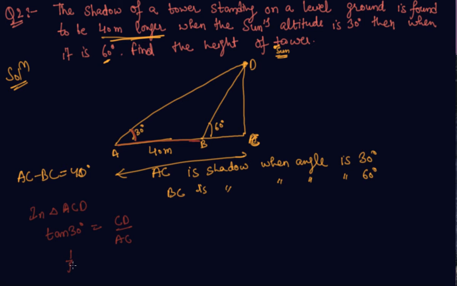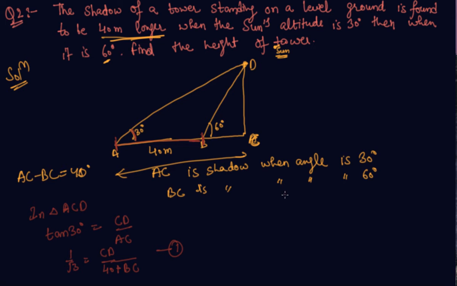Tan 30 is 1 by root 3, and we don't know the value of CD, so I write CD here, and we know the value of AC, which is 40 plus BC. I write this equation as first.